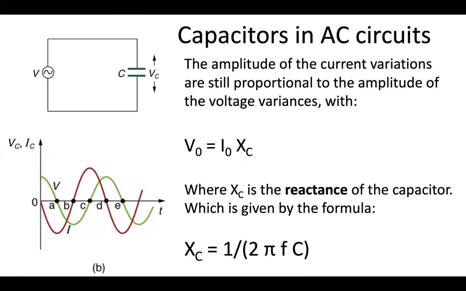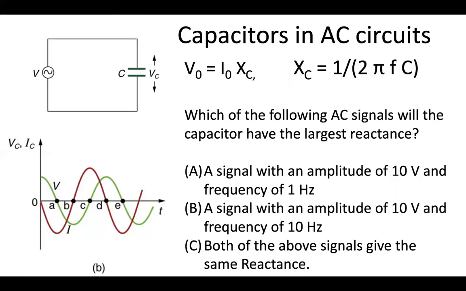So we can see conceptual problems that try to test this. Let's say we're going to put an alternating voltage across a capacitor. In which case will the reactance be higher? We have case A, where the voltage supply puts out a 10 volt amplitude signal and a frequency of 1 hertz. B is a signal with an amplitude of 10 volts and a frequency of 10 hertz.